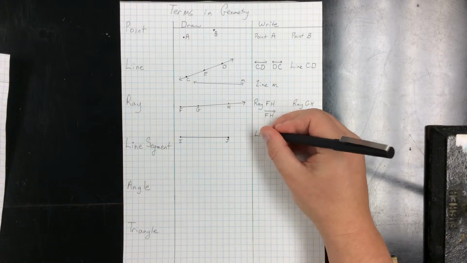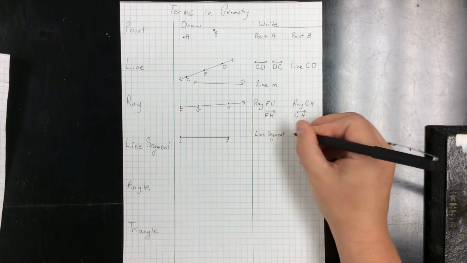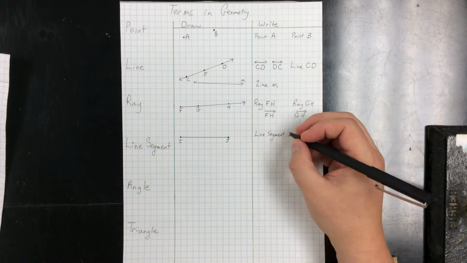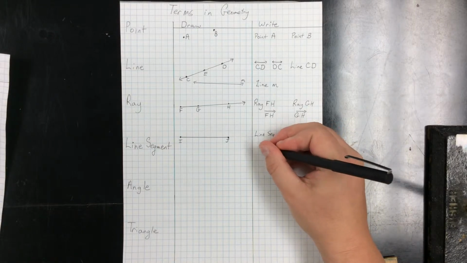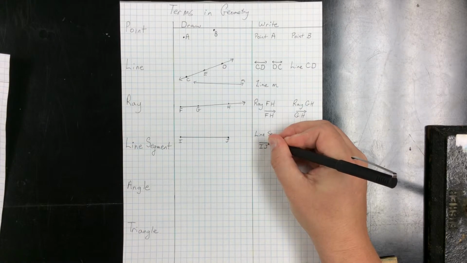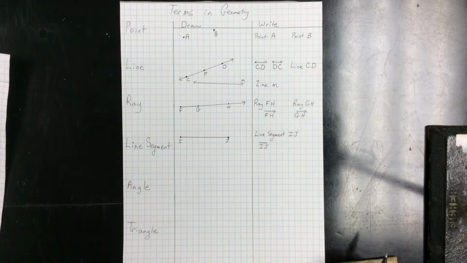So this is line segment. So I want to write it out in words, IJ. Or I can use a short form using the two endpoints, I and J. And just a straight line over top. No arrows this time, because it doesn't extend forever in either direction.